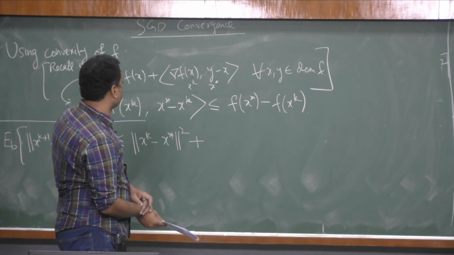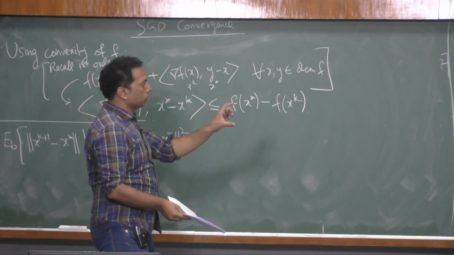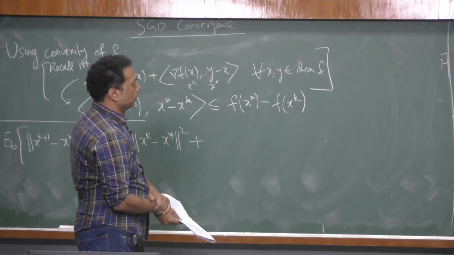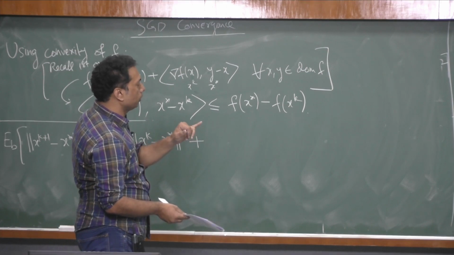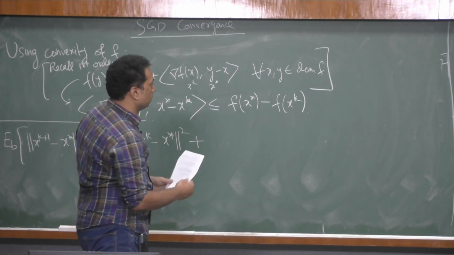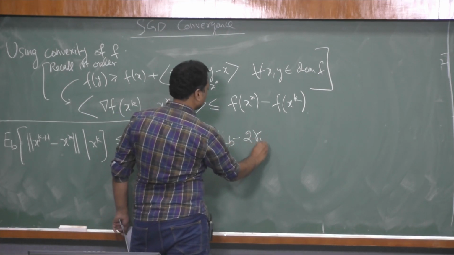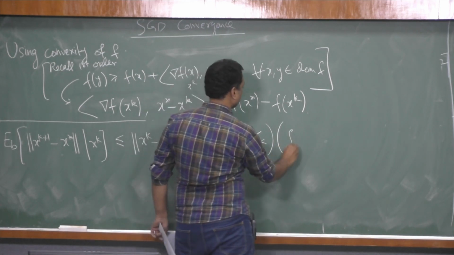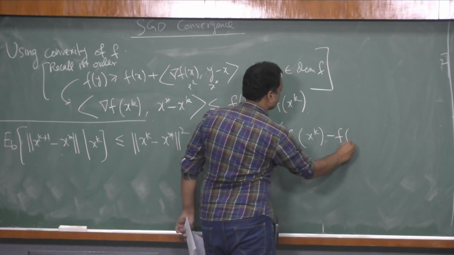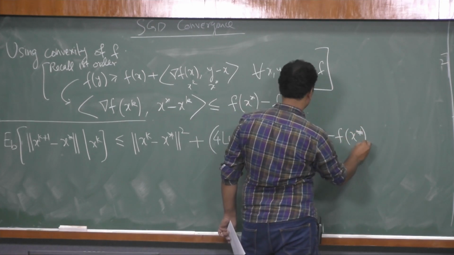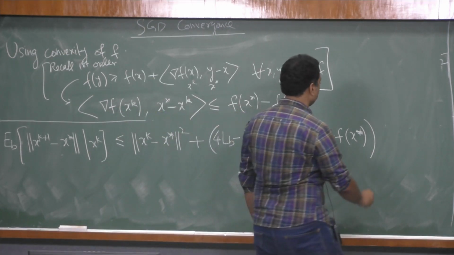The usual preference should be xk minus x star because it's a minimization problem, so we want to keep things positive. So let us collect in the form of f(xk) minus f(x star), so then this guy will be made negative. Basically it means 4LB minus 2 gamma k, and this goes with f(xk) minus f(x star). And then plus the 2 sigma star B term.